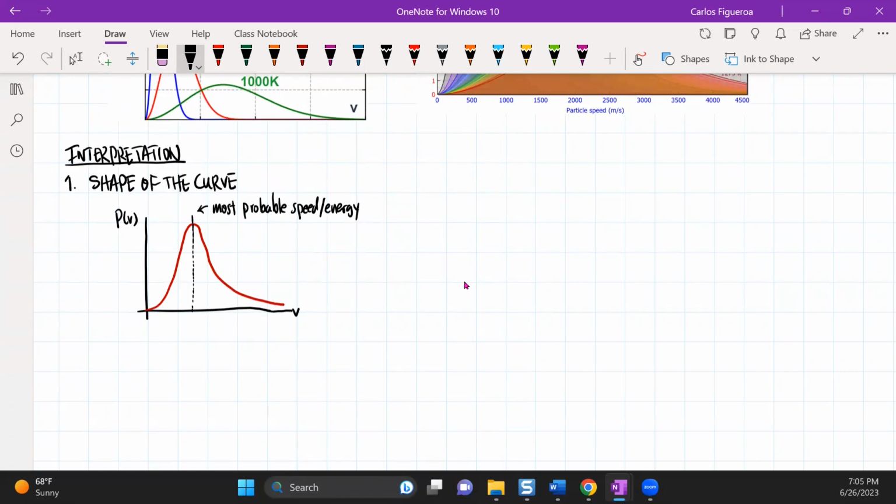But remember what we said before: if that's the most probable, the RMS value is always higher. So this one gives us the RMS speed. That's our average speed.